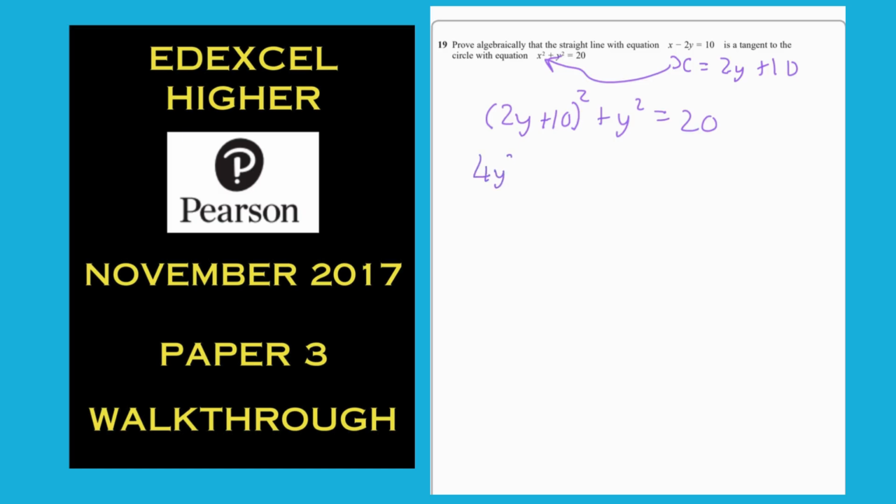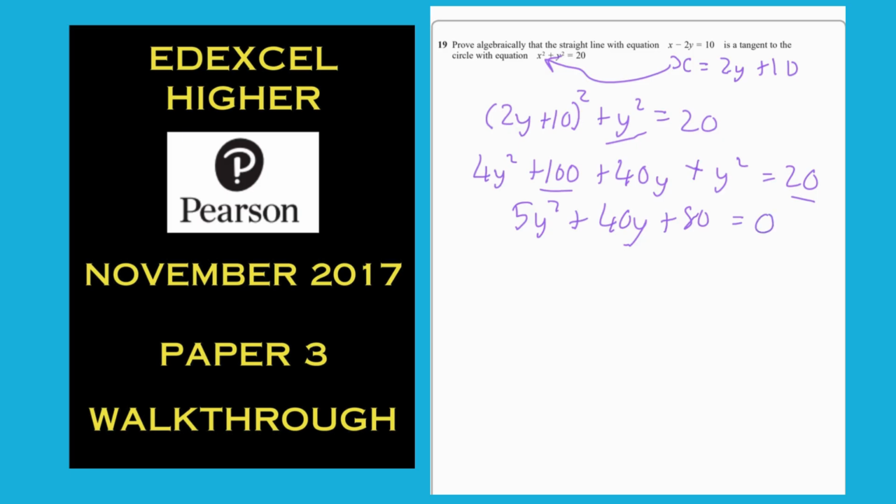So, squaring brackets, square the first, square the last, times them together is 20y, and double it. Don't forget the y squared on the end, I very nearly did. Let's put the y squareds together, let's simplify. Nothing to simplify with the 40y, but we have got 100 and take away 20, so we have got 80.